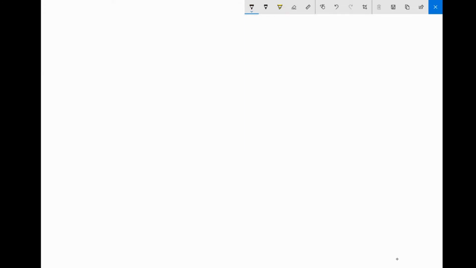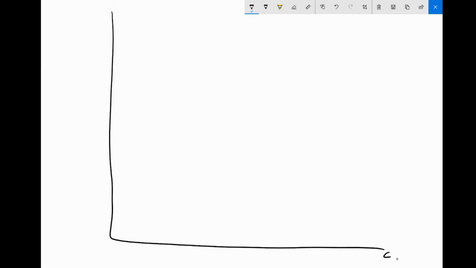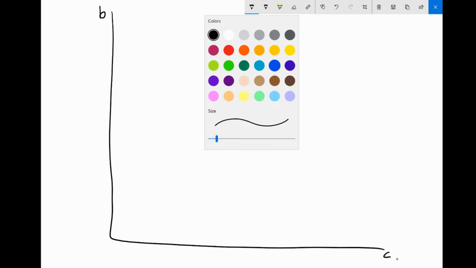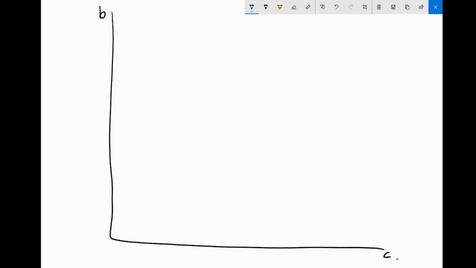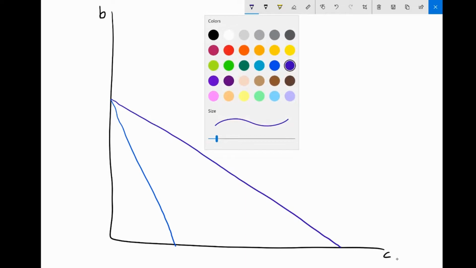Well, I didn't mean to erase that whole thing. So let me redraw some stuff. I want to make the case that an increase in price affects demand in two ways. All right, allow me just a moment to redraw my lines here.